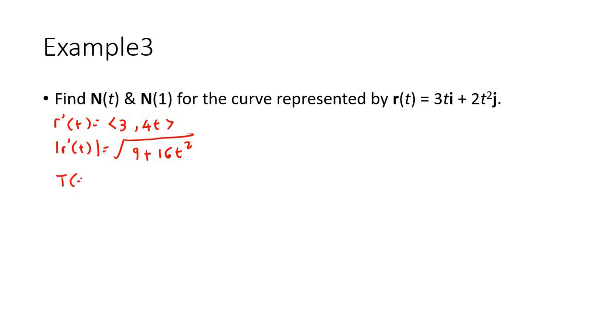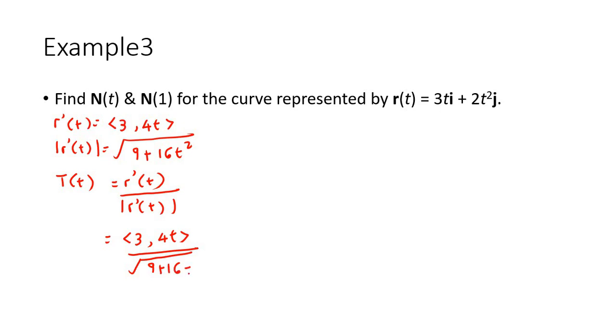So T(t) is r prime t divided by the magnitude of r prime t, which is 3i plus 4tj over the square root of 9 plus 16t squared.